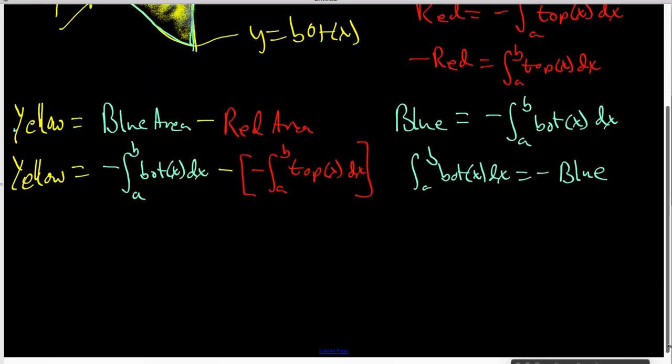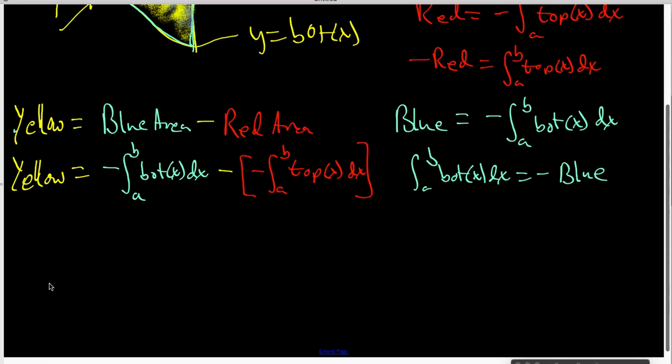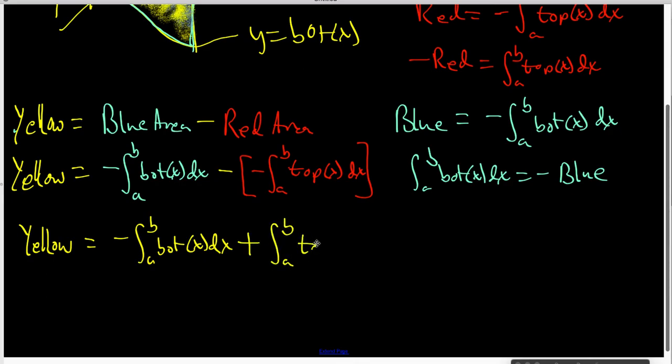And when we do, we're going to find out that our yellow area is going to be, well, let's see, I've got minus the integral from a to b of bottom of x dx. And now I've got a minus, so that's a minus, it turns out to be a plus. The integral of top dx.